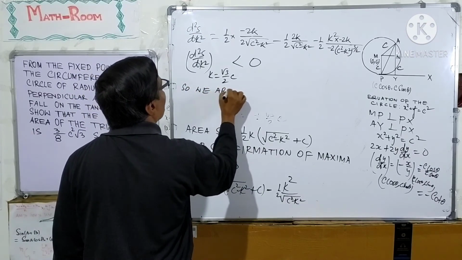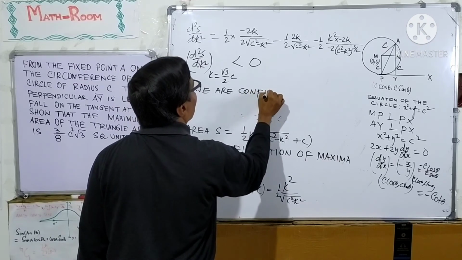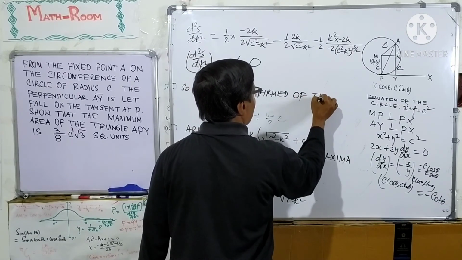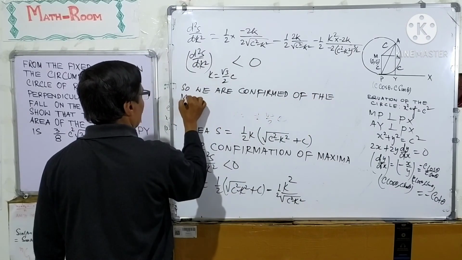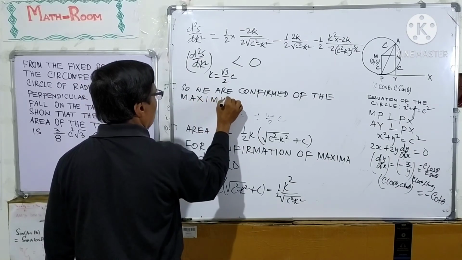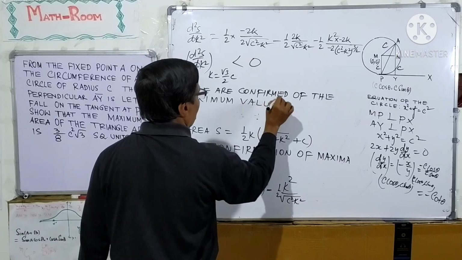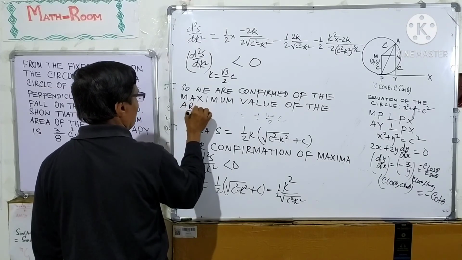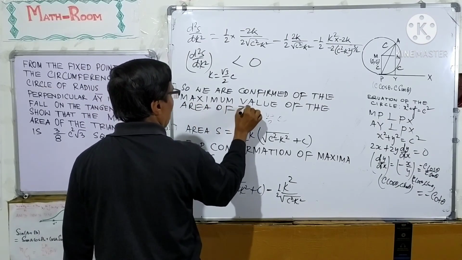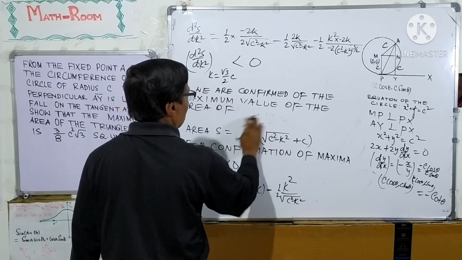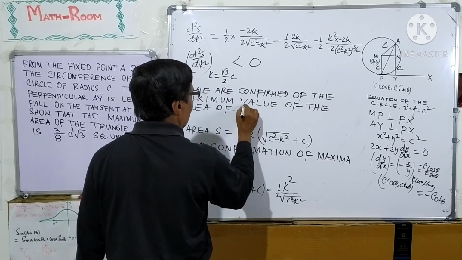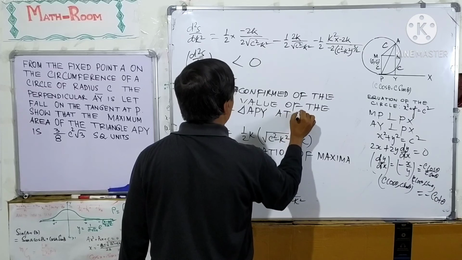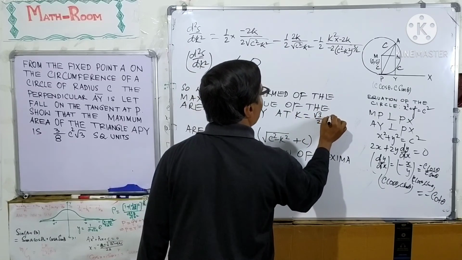So, we are confirmed of the maximum value of the area of triangle APY at k equal to root 3 over 2 into c.